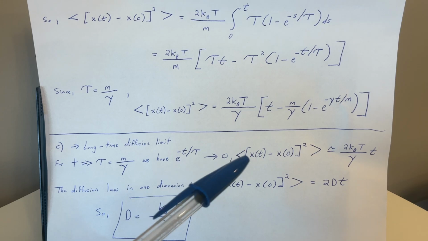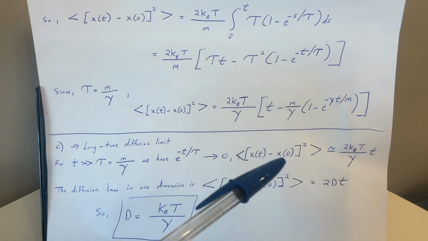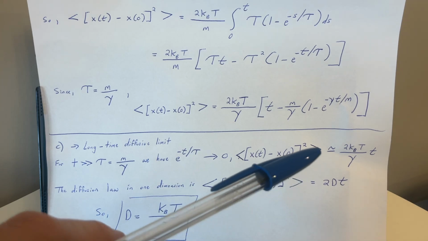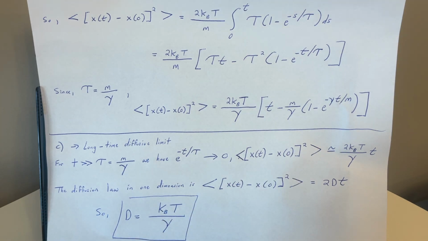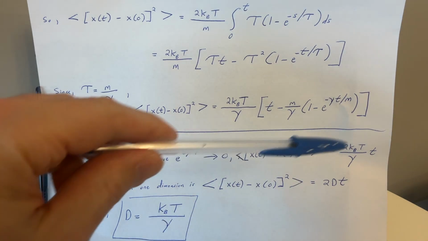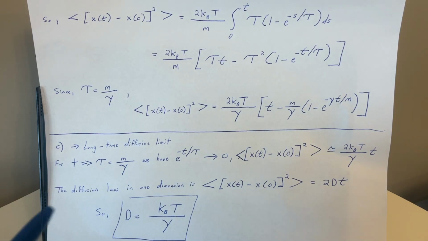And this expectation value of x of t minus x of 0 squared is approximately equal to 2 k sub B T over gamma times t. So the diffusion law in one dimension is the expectation value of x of t minus x of 0 squared equals 2 D t. So D is going to equal k sub B T over gamma.